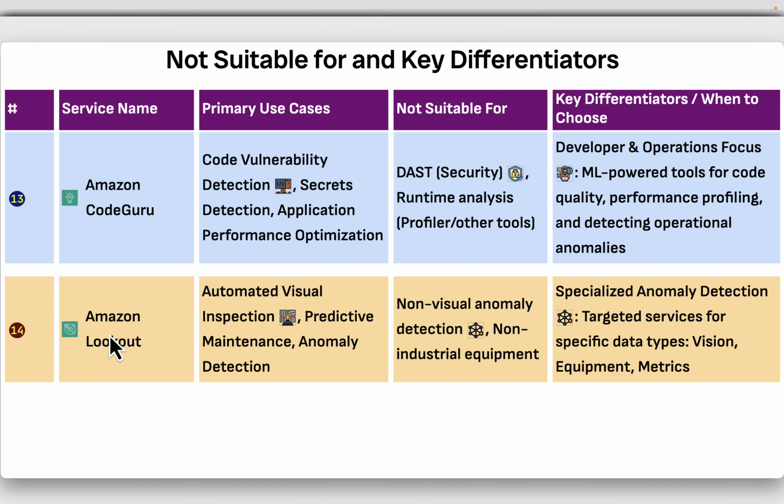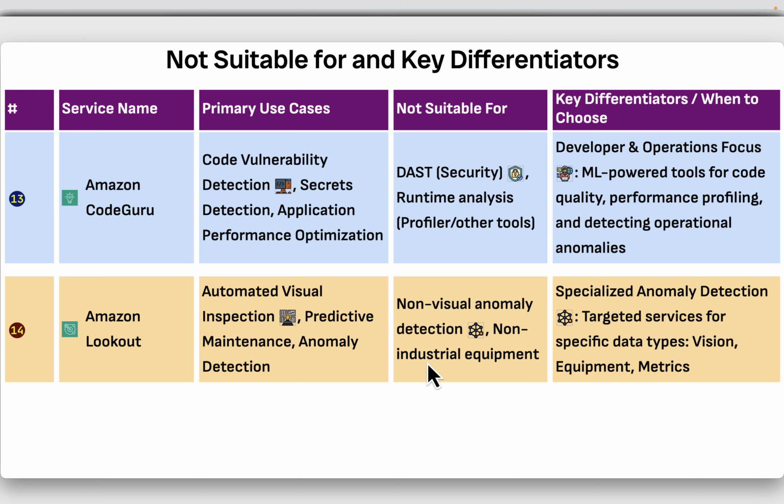Next service, Amazon Lookout. So primary use cases are automated visual inspection, predictive maintenance, and anomaly detection. But it's not suitable for non-visual anomaly detection. So it's only visual, and for industrial equipment.